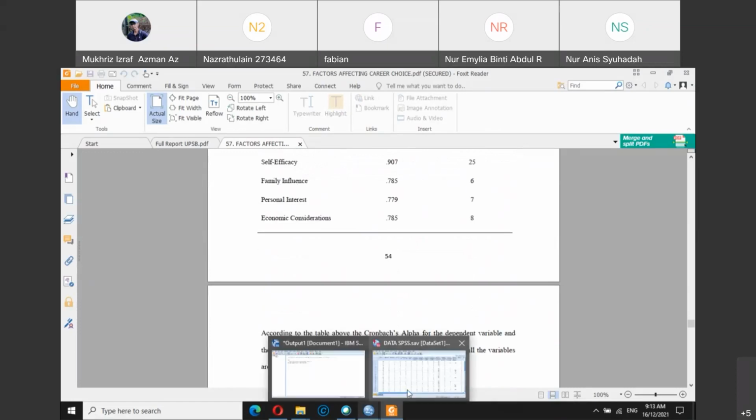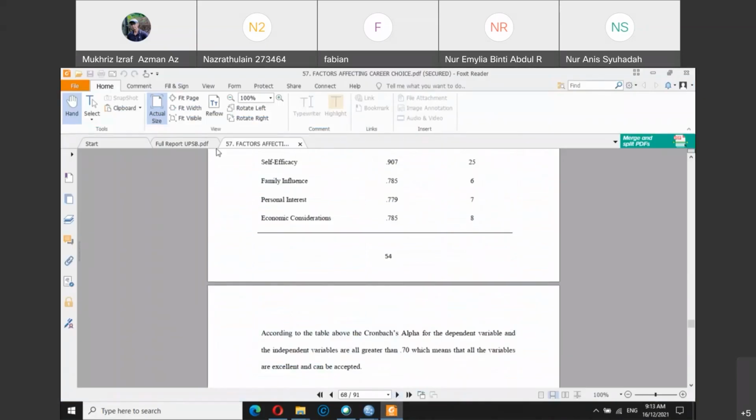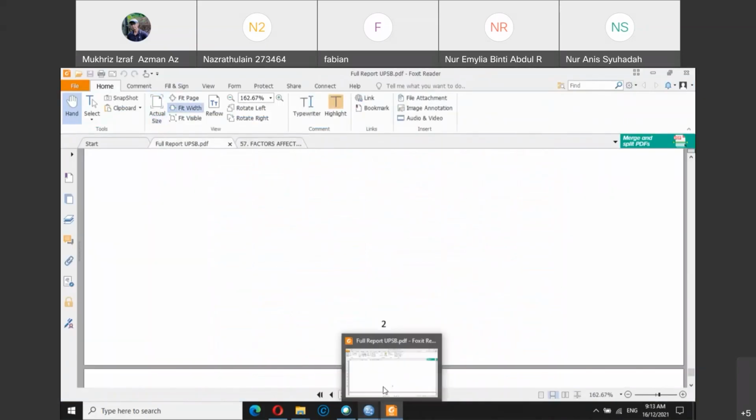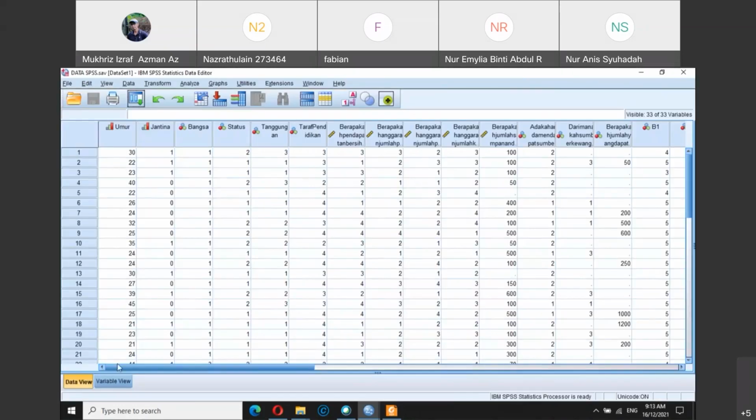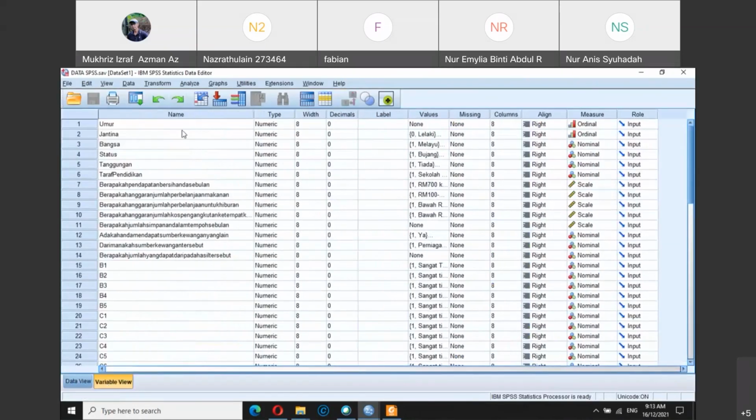So let me go back to this particular file here. You should be able to open the same file. You can have a quick look at the questions, the construct of these questions in this SPSS. The students have this, but of course in Malay.